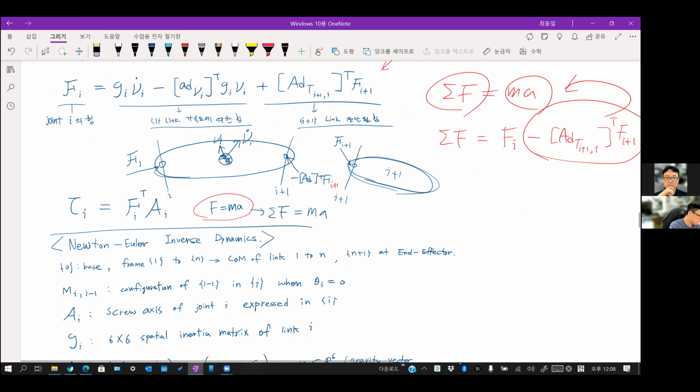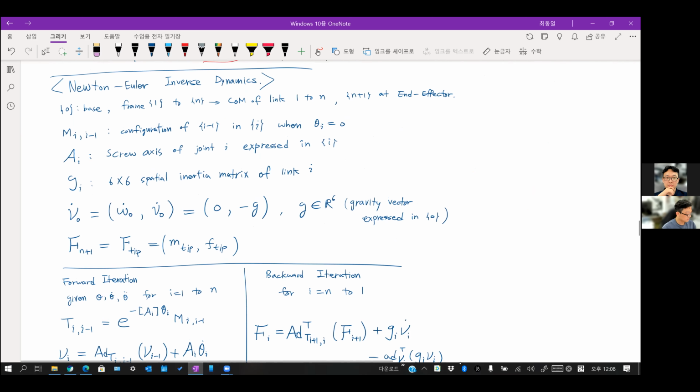So to summarize this process, firstly, we have to choose the base frame, frame 0, and frames 1 to n. So 1 to n are located at the center of mass of each link. This is an important thing. And n+1 becomes the end effector position.